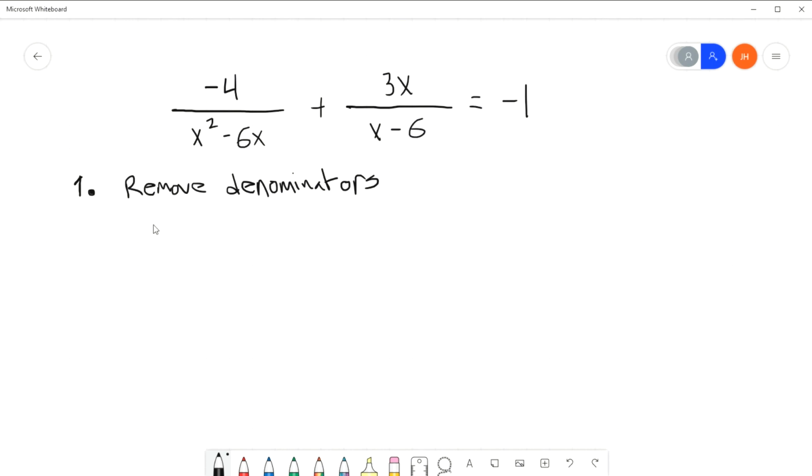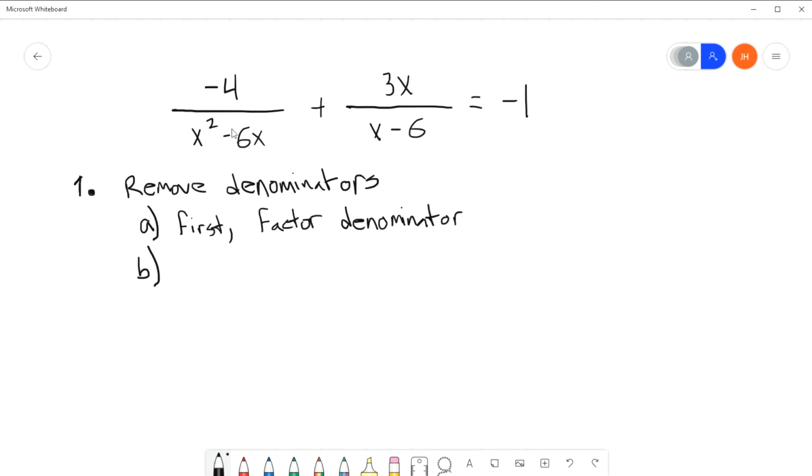When we're doing that, something that I highly recommend is to first factor those denominators. We're going to factor the denominators because it will help us out with part 2 of removing the denominators. For now, just accept that I'm going to factor this for good reasons.